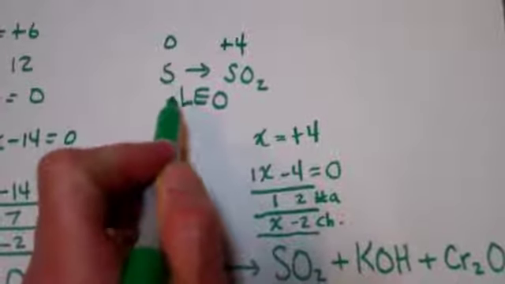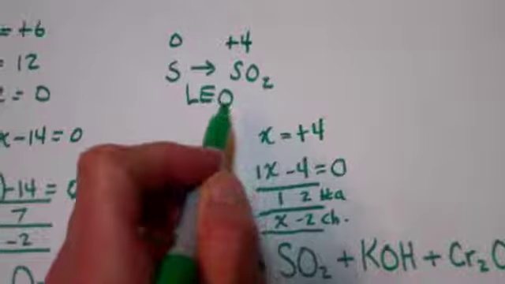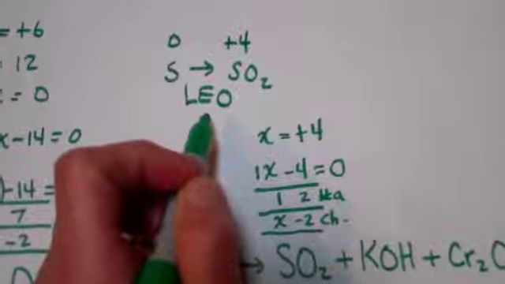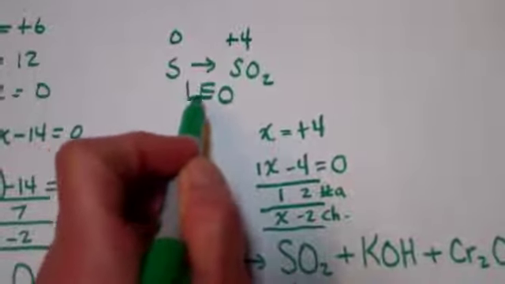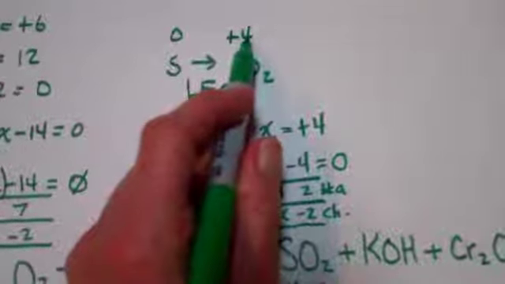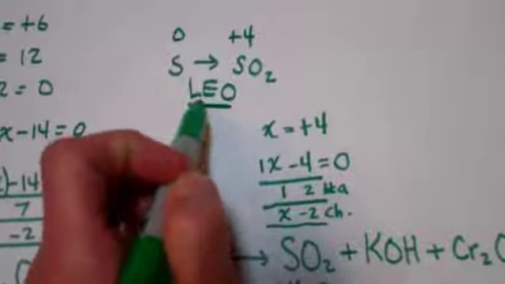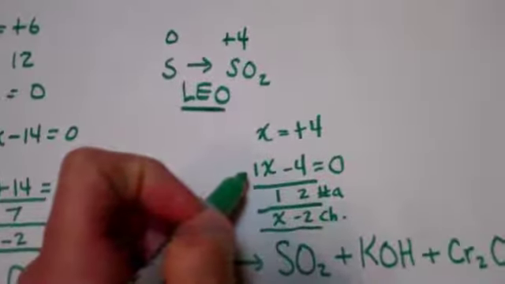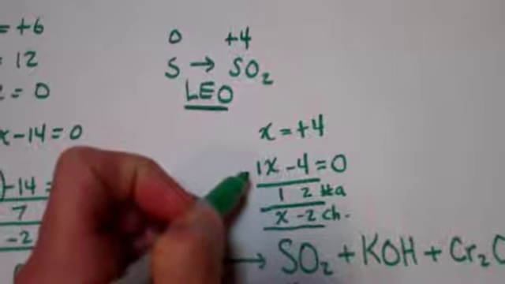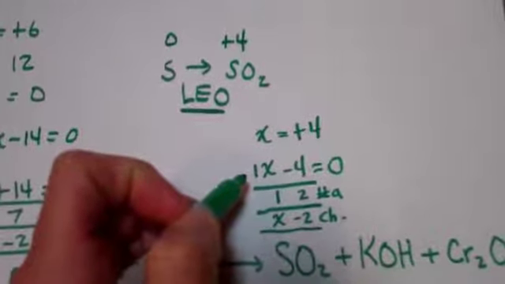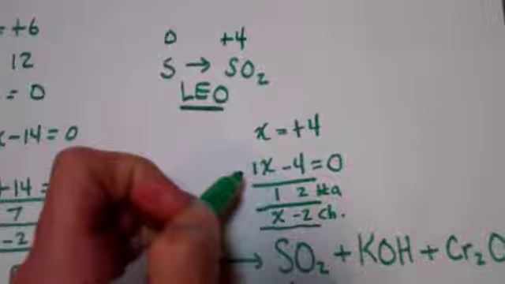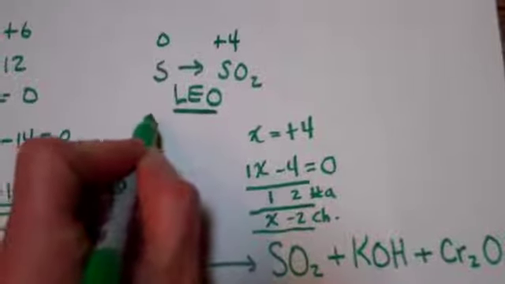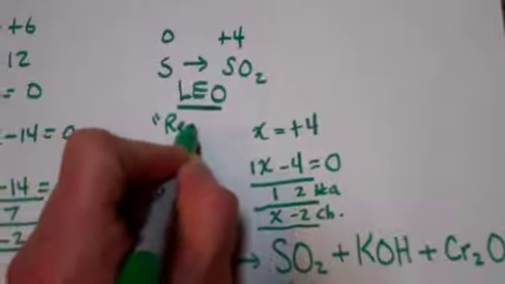So our sulfur going to sulfur dioxide is the oxidized component, right? It's losing electrons, becoming more positive. So this is our Leo part. So what does that make it? The oxidizing agent or the reducing agent? If it's going to give those electrons to somebody else, it's going to be the reducing agent.